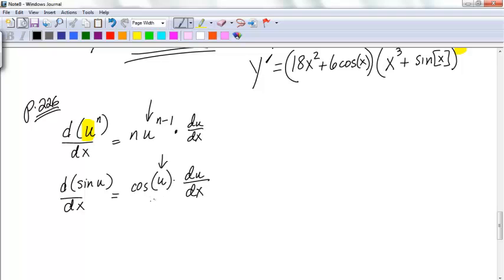That u represents a quantity. Derivative of cosine of u with respect to x, it's a negative sine. The u stays the same. Then it's times the derivative, and I usually read it as an angle when you're doing a trig function. Then it's times the derivative of the angle with respect to x.